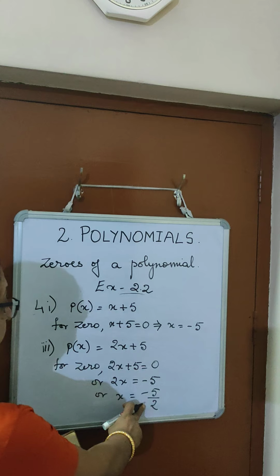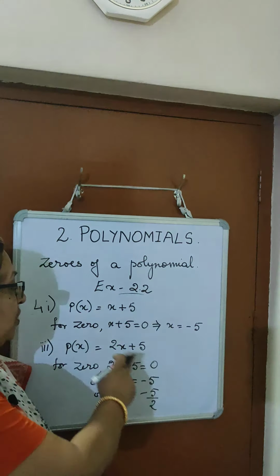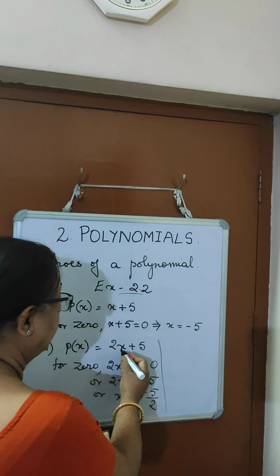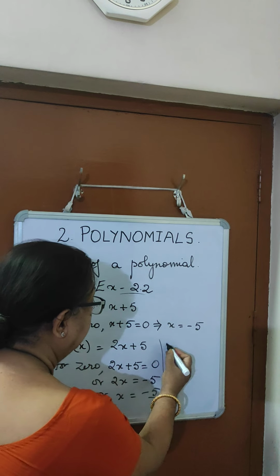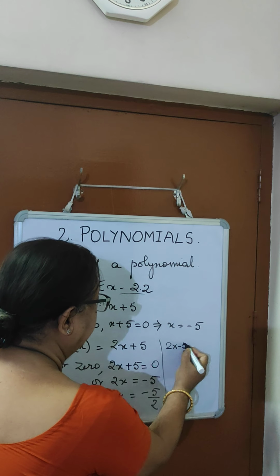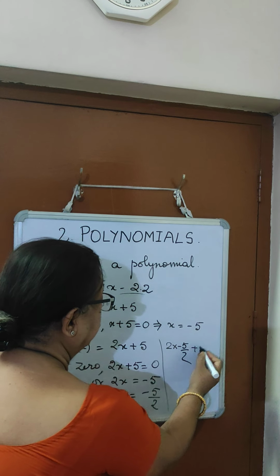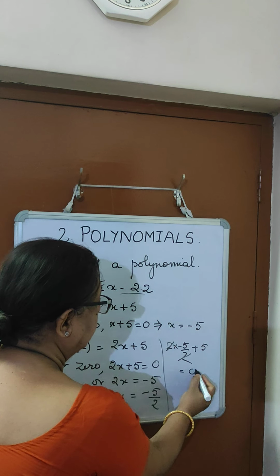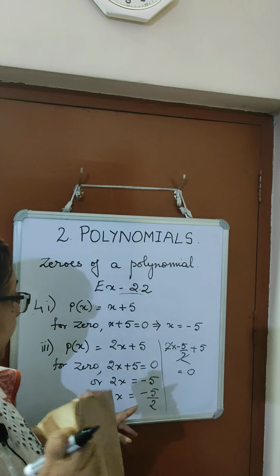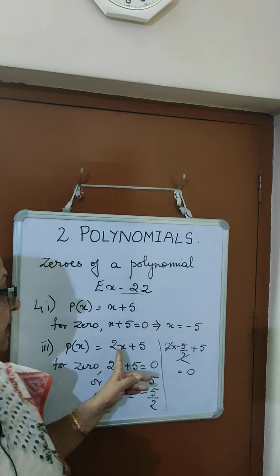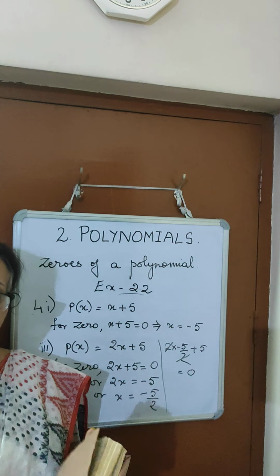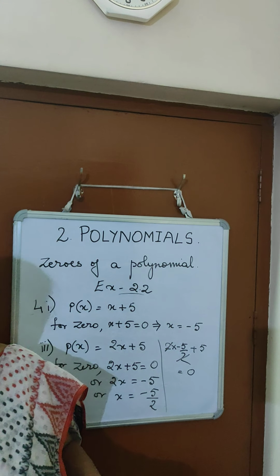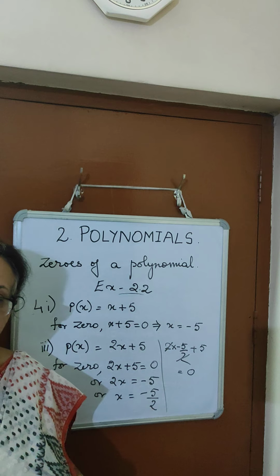So, minus 5 by 2 is a 0 of this polynomial. Okay. You can always check it. Let's substitute minus 5 by 2 here. 2 into minus 5 by 2 plus 5. 2 cancel, minus 5 plus 5 is 0. So, what did we get? Minus 5 by 2 is a 0 of the given polynomial. So, understood, children? So, this is how we find the 0 of a polynomial.